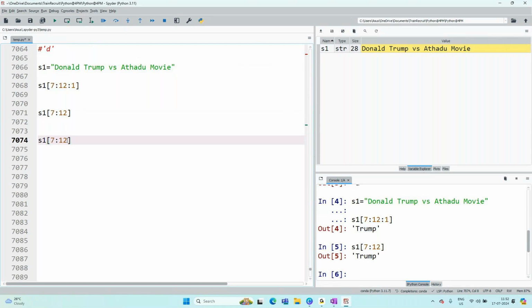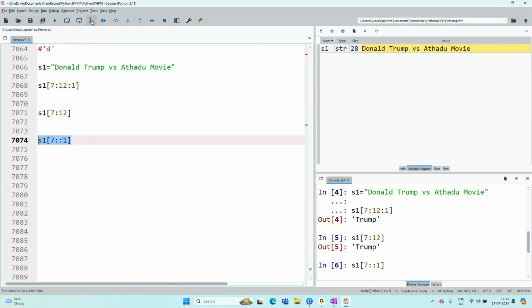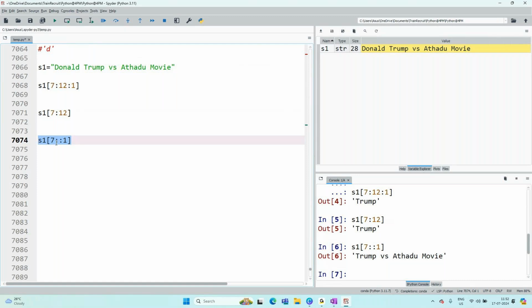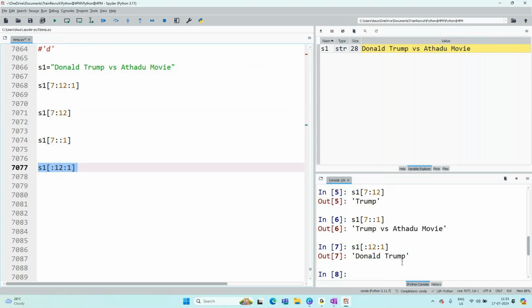Okay. Now, for example, if I am not giving 12, what will happen? It is 7 to ending. Ending comes automatically, with a step of 1. Understanding my point? Okay. Now common sense. Starting to ending. Starting to 12. Understanding my point?